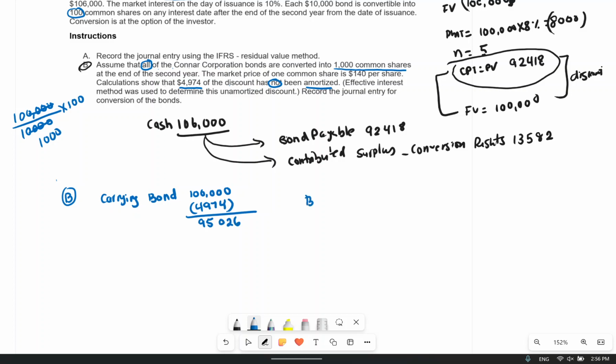So I will debit my bond payable. If we paid extra, then you will have to debit the loss on the redemption of the bond. So that will be 95,206. And then we have to get rid of the contributed surplus conversion rights.